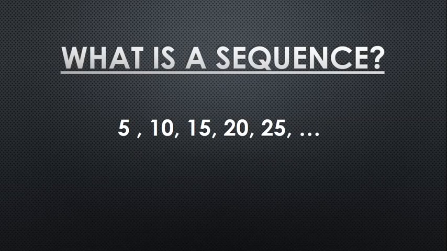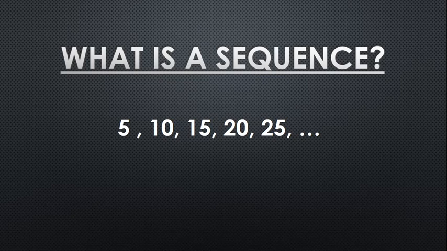So, a sequence is an ordered list of numbers, as you can notice in the example in front of you. We are moving in a chronological order, that is 5, 10, 15, 20, 25, and 3 dots. These numbers are called terms.